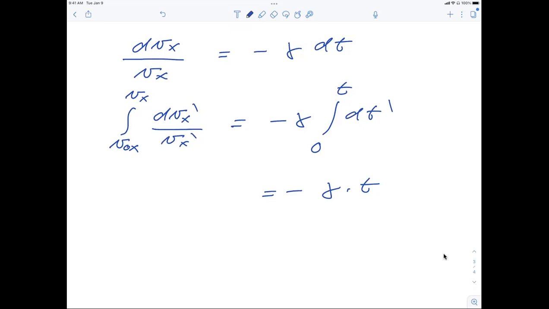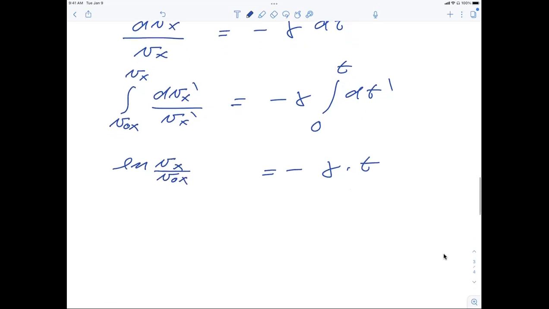If we integrate the left-hand side, there's a famous function, which is 1 over x, or 1 over the variable v of x, if you integrate that. Yes, the natural logarithm. Thanks, guys. So if I do that, this simply gives me ln v of x divided by ln v0 of x. And I want to have an expression for v, so I take the exponential of both sides.